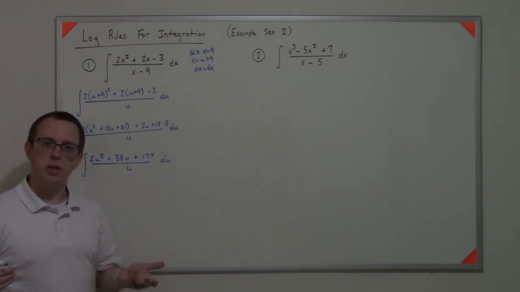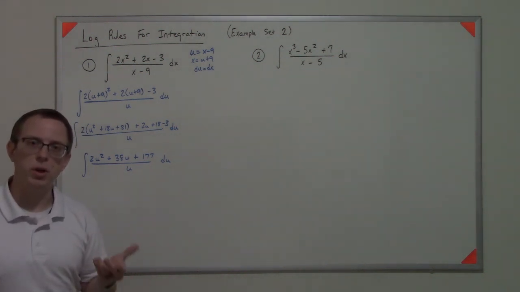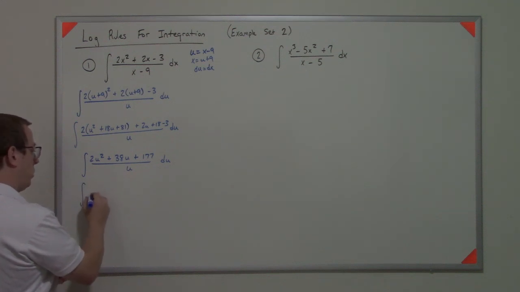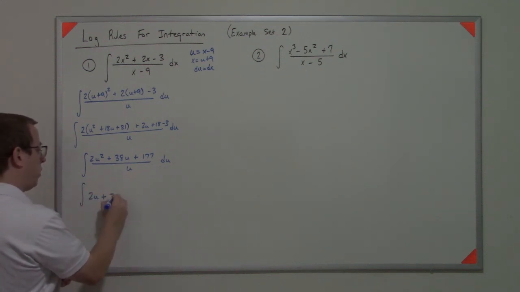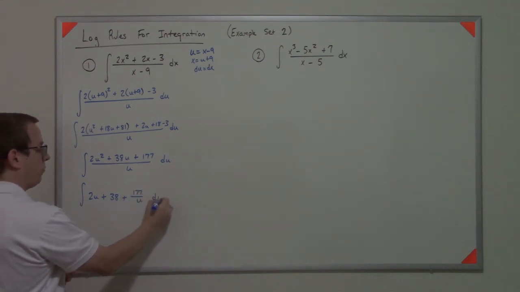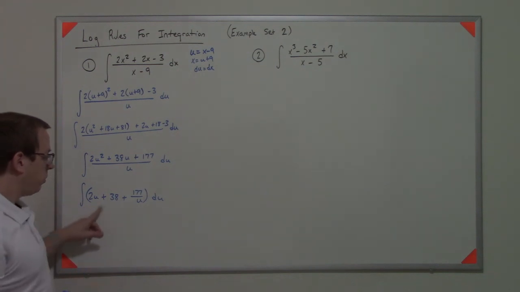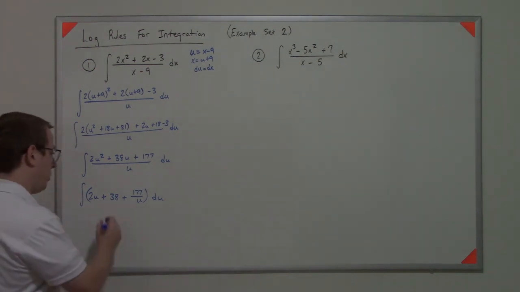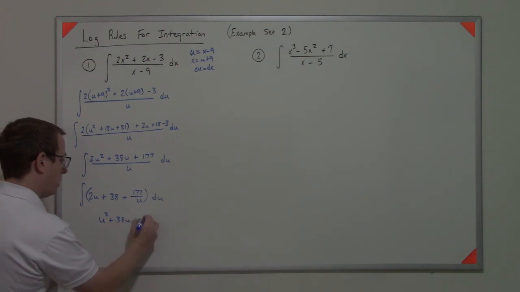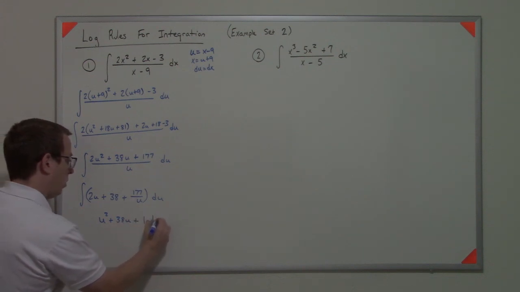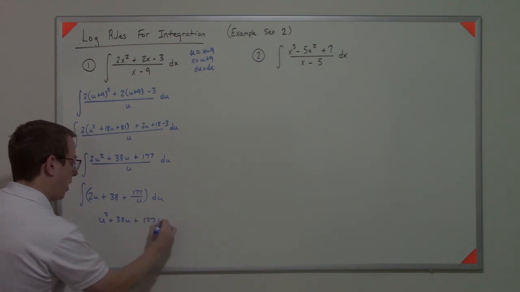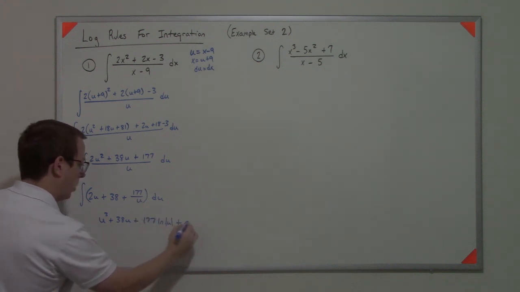Then I can split this up into separate fractions: 2u plus 38 plus 177 over u. Then we can evaluate this to say that is u squared plus 38u plus 177 natural log of u plus c.